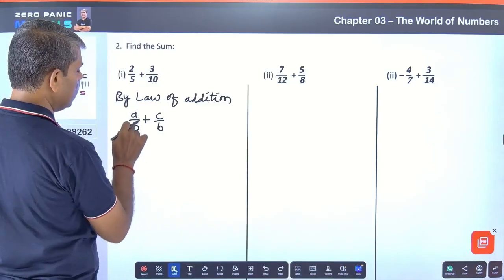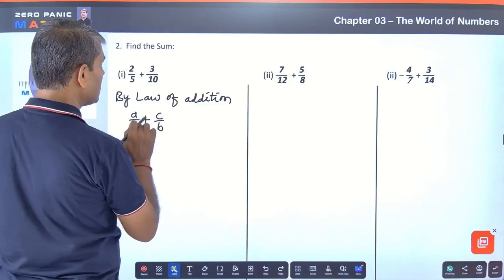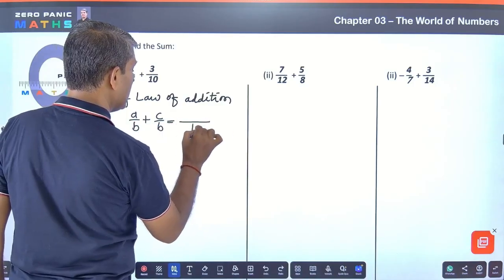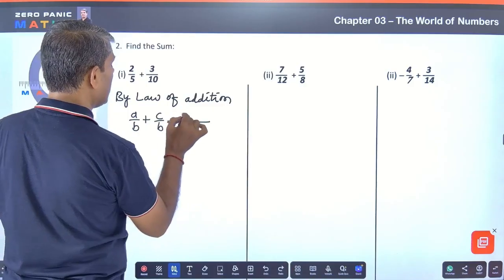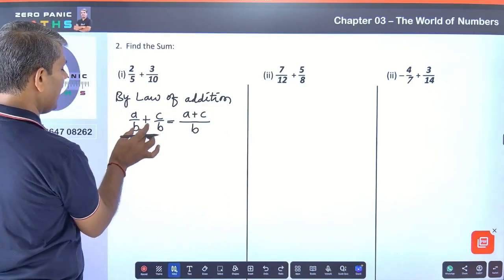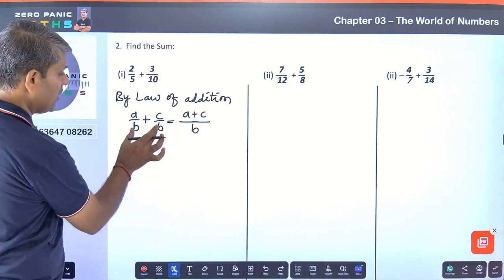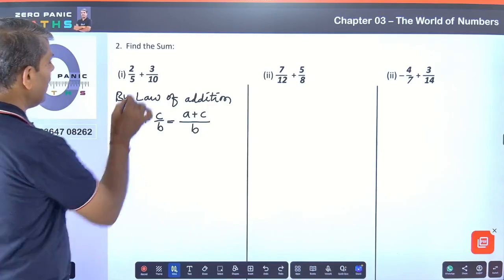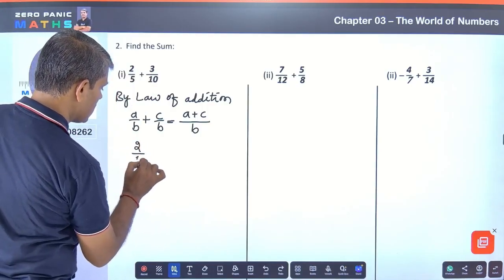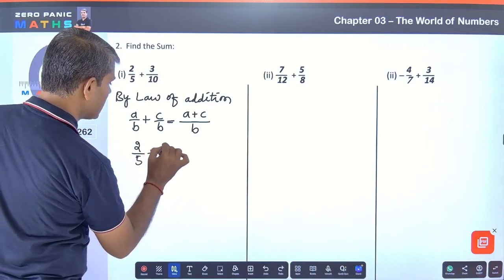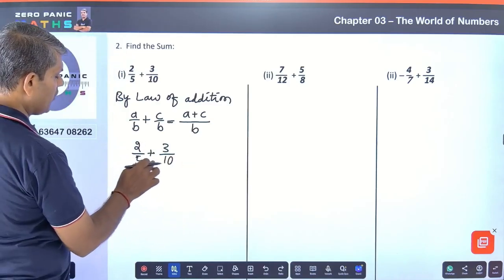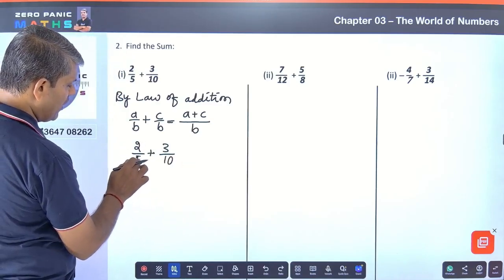Here I am considering numbers where both denominators are equal, keeping the denominator the same, and I can add the numerators. So it is possible only when the denominators are made equal. Now let me consider this and make the denominator equal first. To make the denominator equal, I should be multiplying 5 by 2.